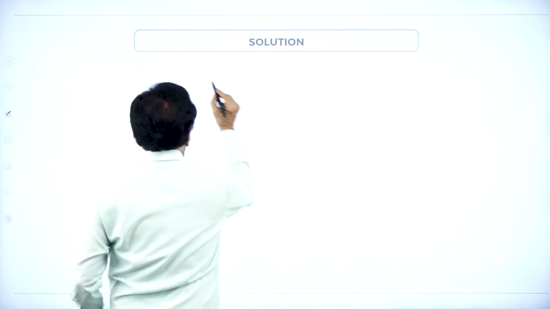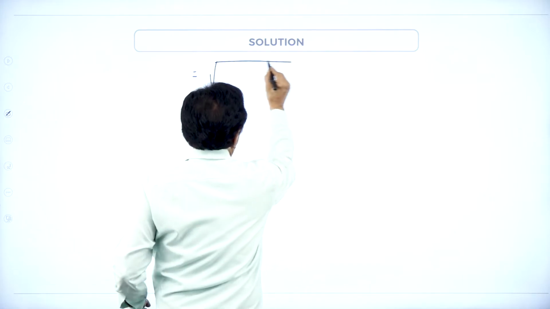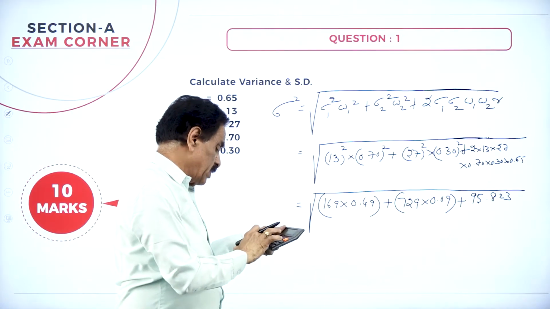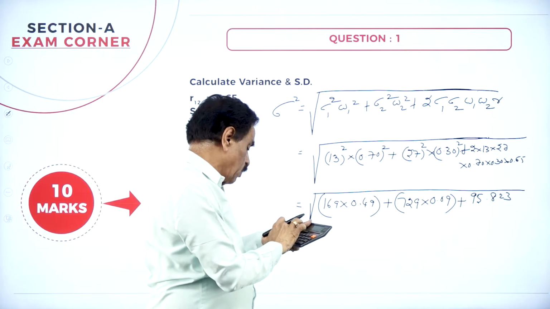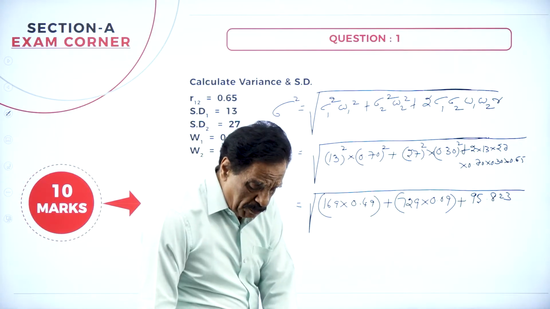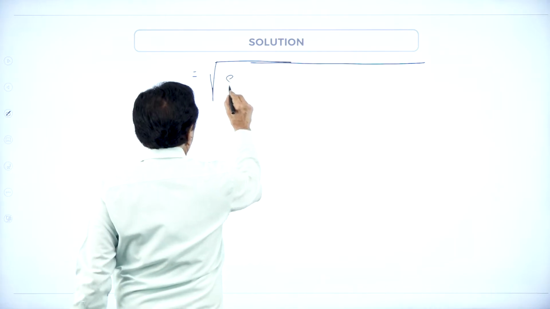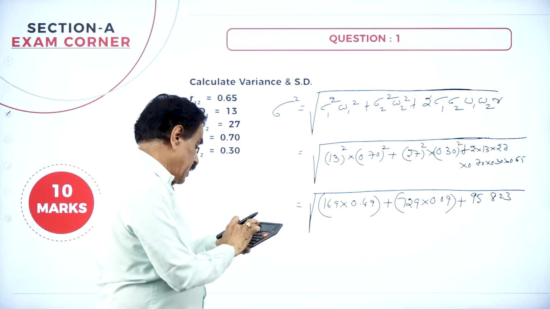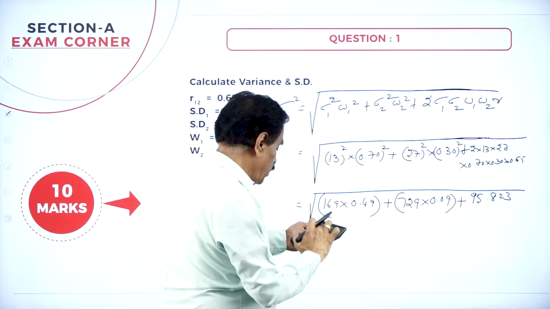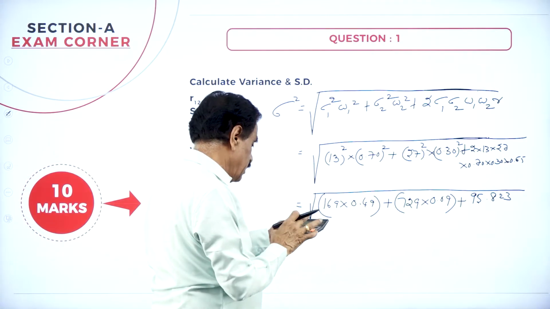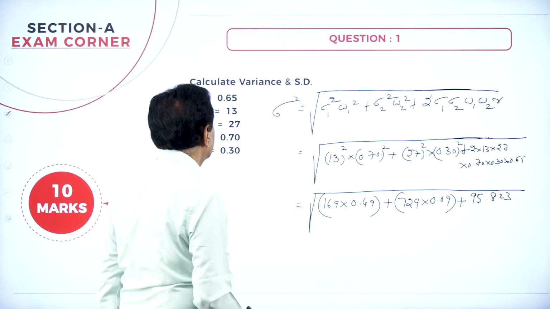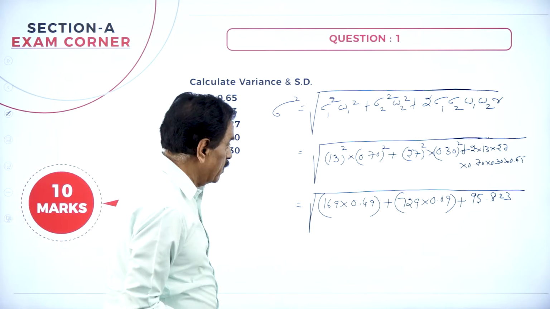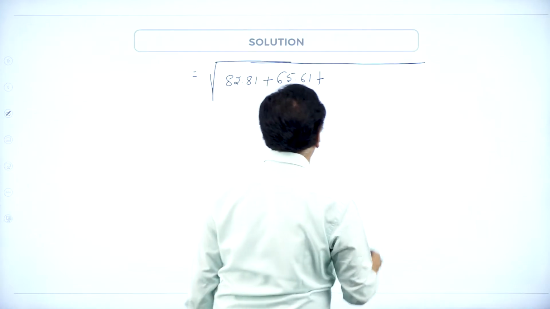Simplify this. We'll have root of 169 into 0.49, which is 82.81, plus 729 into 0.09, which is 65.61, plus 95.823.